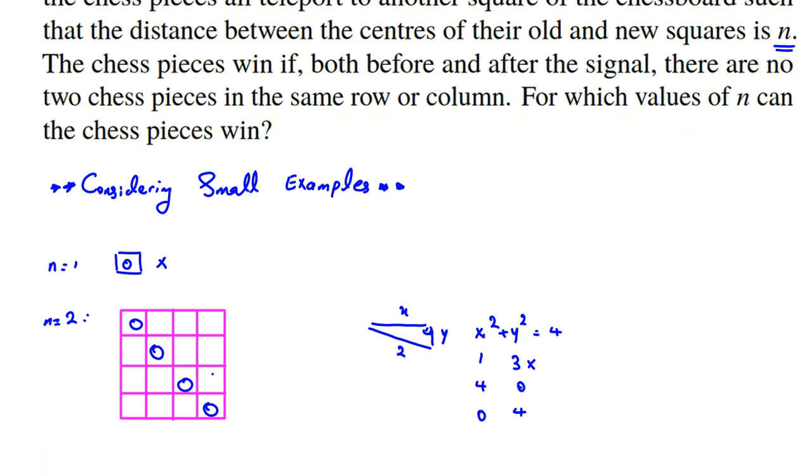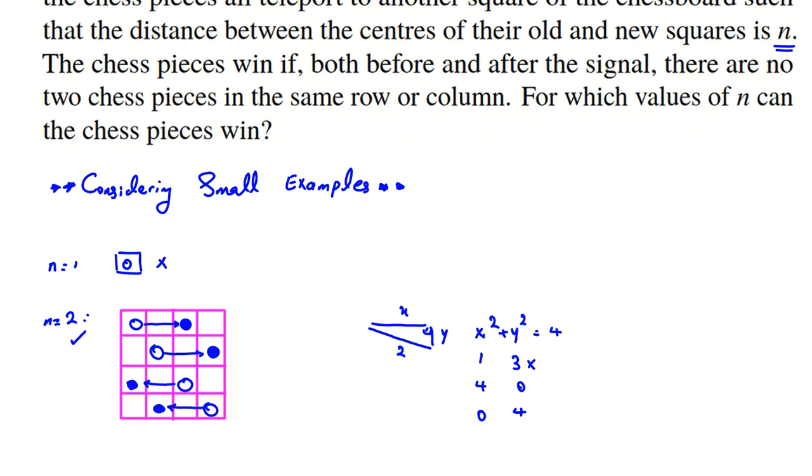Now let's move them. I move this one 2 units to the right, this one 2 units to the right again, this one 2 units to the left, and this one 2 units to the left. We will see that if we consider the black cells, the new places are in different rows and different columns. So n equal to 2 is okay.